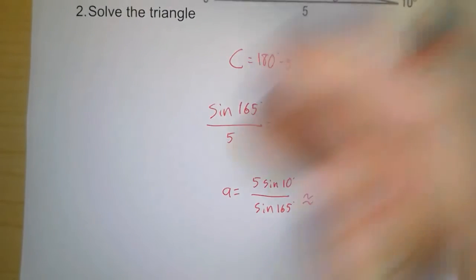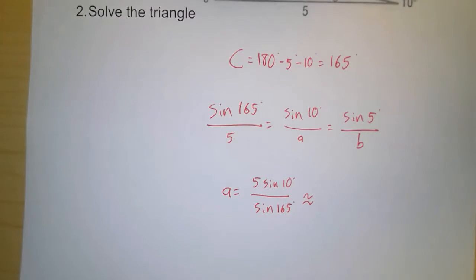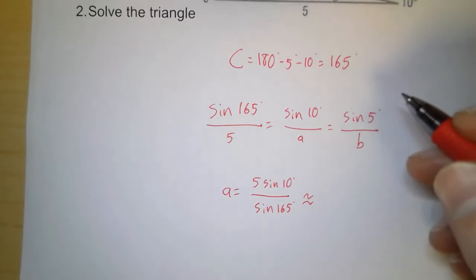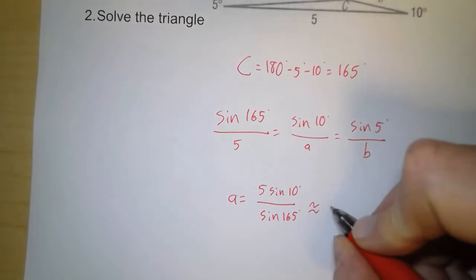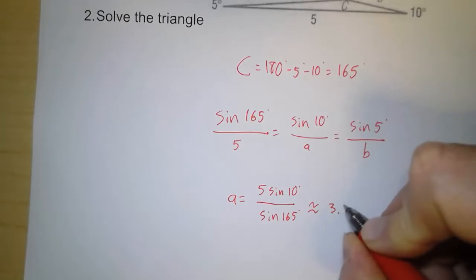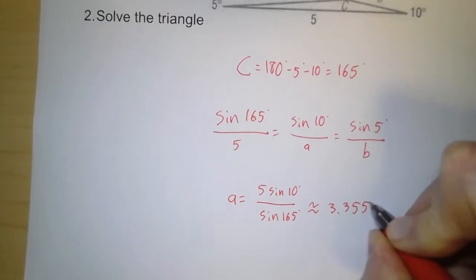We'll find that approximate value, 5 sine of 10 divided by sine of 165. If your teacher likes an approximate value, then that would be 3.355.